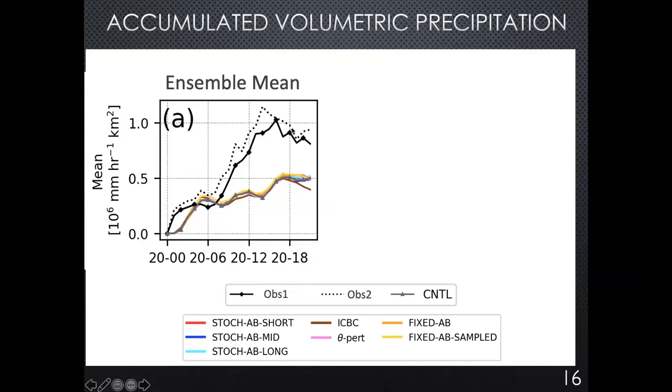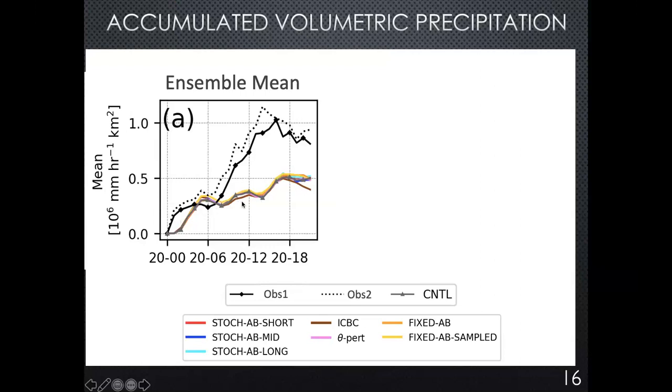There's an obvious bias that's associated with the large scale forcing, but is not due to the parameterizations. It's associated with issues with the thermodynamics and basically the synoptic setup, which is actually a common bias in this particular case. But the rest of the lines here are showing the ensemble means of all of those ensembles that I showed in the last slide.